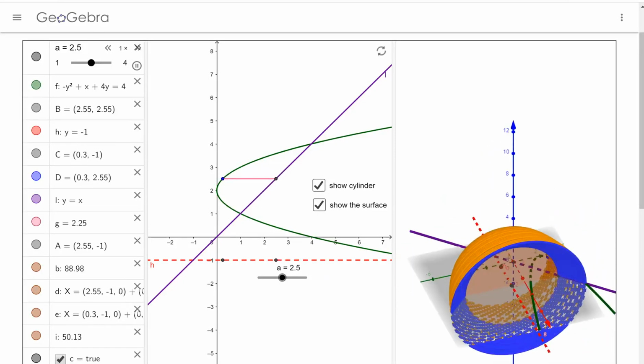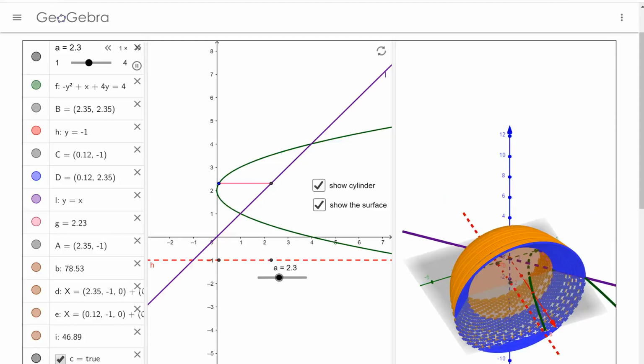So play with these pictures, and then you can see our solids and the cylinders. I hope these GeoGebra projects can help you to increase your understanding and visualize the solids.